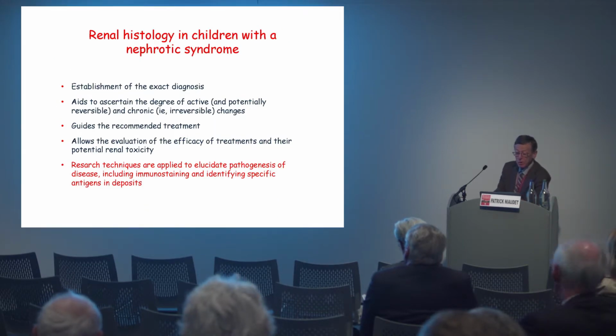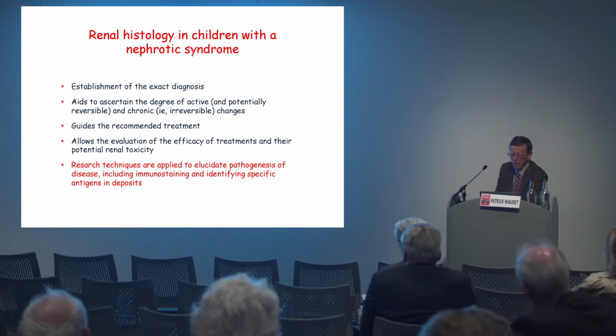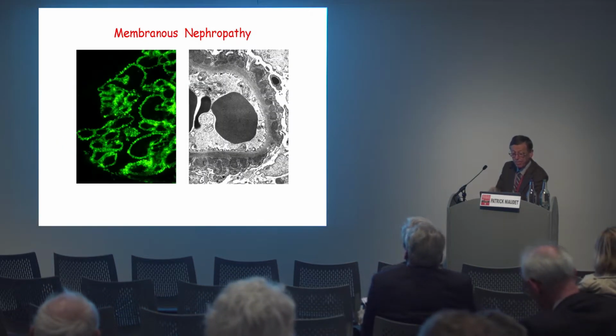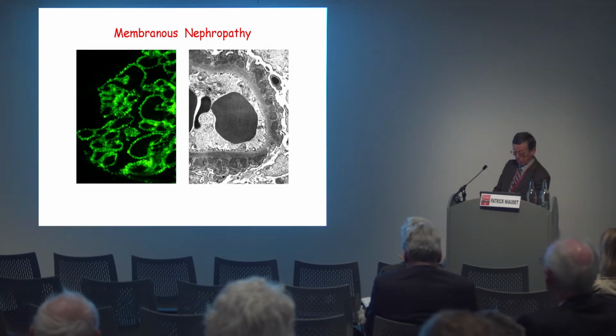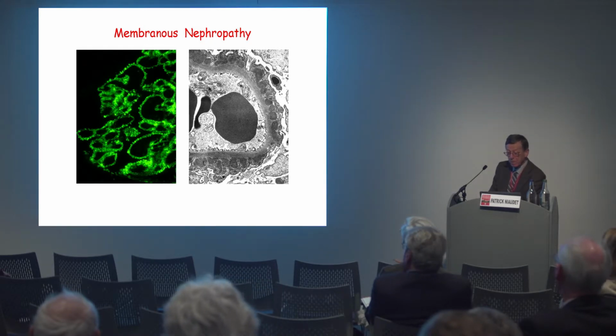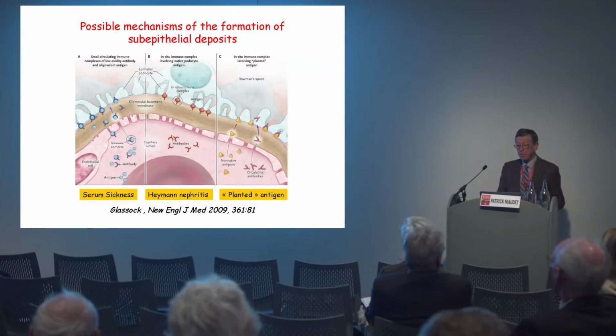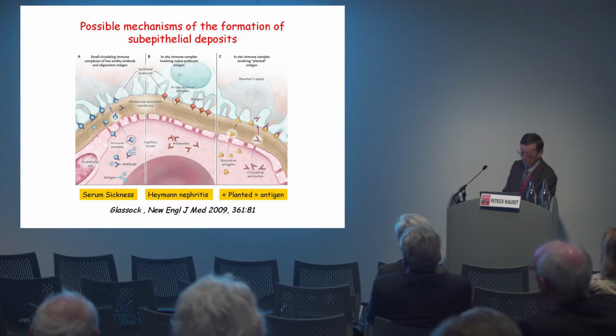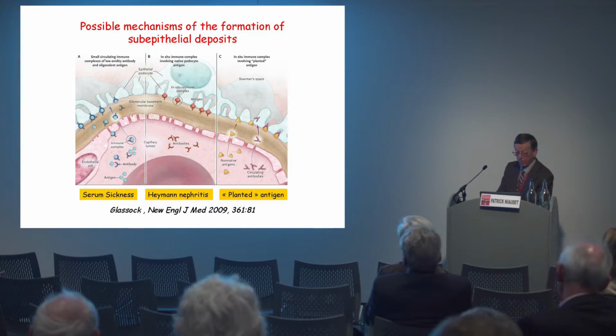Finally, research techniques are applied to elucidate the pathogenesis of the disease. And as an example, we can talk about membranous nephropathy. Marie-Claire showed you a nice picture of it. The possible mechanisms of the formation of subepithelial deposits were nicely described by Glassock some years ago.